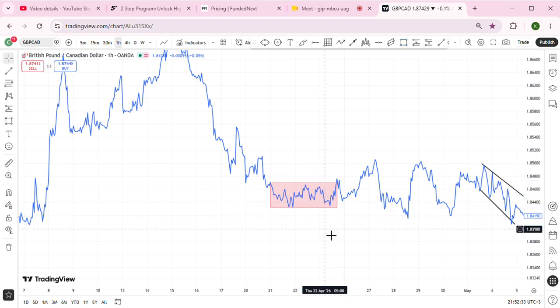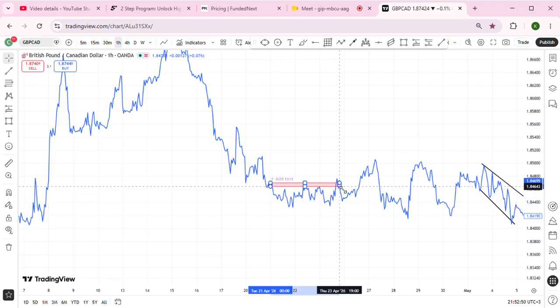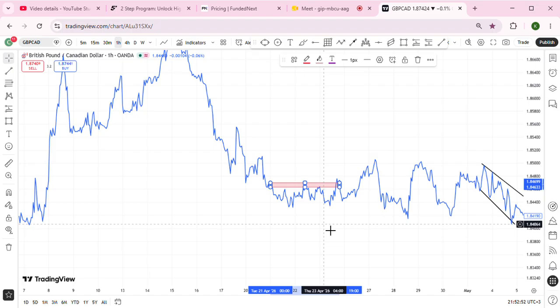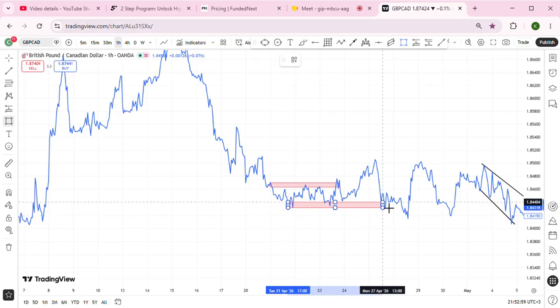So I told you on a consolidation you can mark it in two ways. You can either mark the equal highs alone and equal lows alone, or you can mark the whole of it with this rectangle. So this is the first way you can mark it, or you can decide you mark the highs alone and you come and mark the lows alone as well.